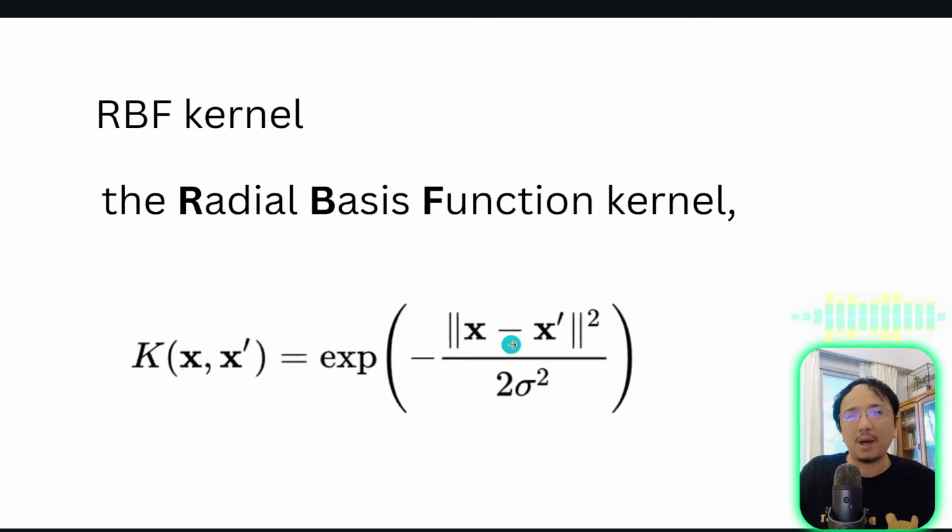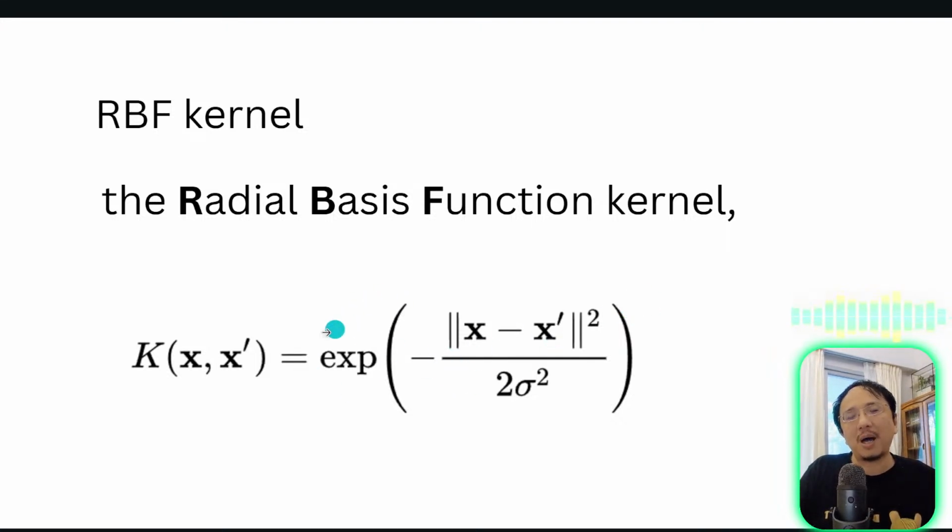But here, we are using the distance. Distance is different from the inner product, but they are related. We are actually using the square of the distance. So it becomes x squared minus 2 x dot x prime plus x prime squared. So it's a little bit different.